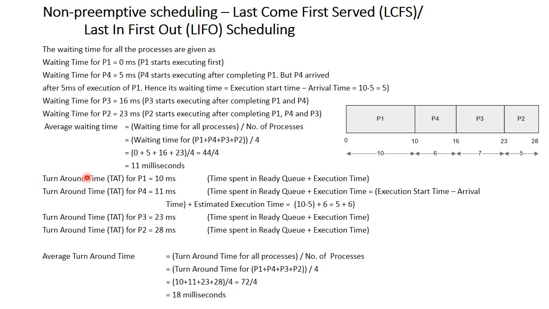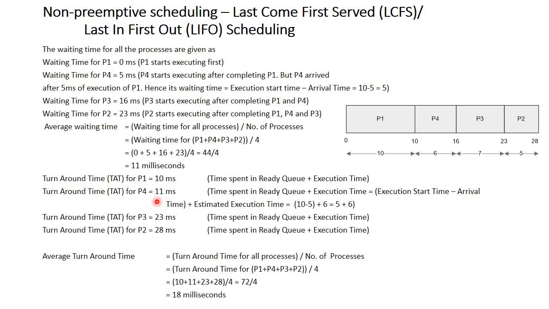The turnaround time for P1 is 10 millisecond. As you know, the turnaround time is time spent in ready queue plus the execution time, right? So time spent in ready queue for P1 is 0 plus the execution time is 10. So 0 plus 10 is 10 millisecond. Turnaround time for P4 is 11 millisecond.